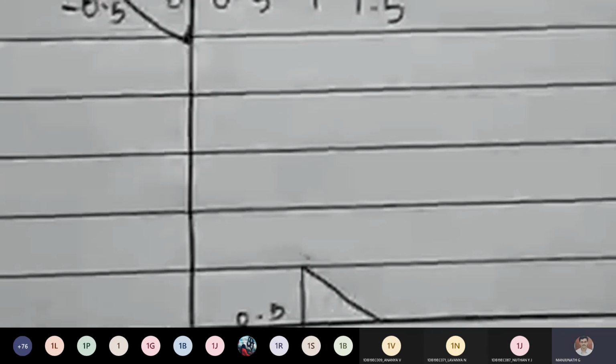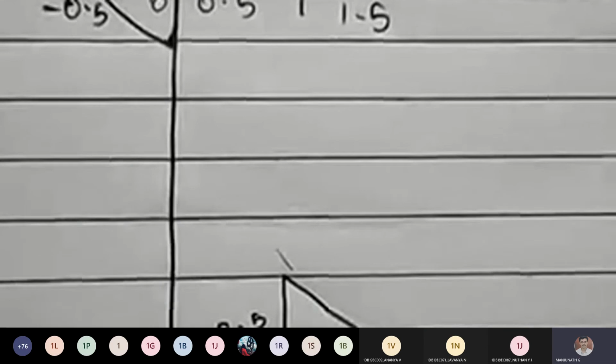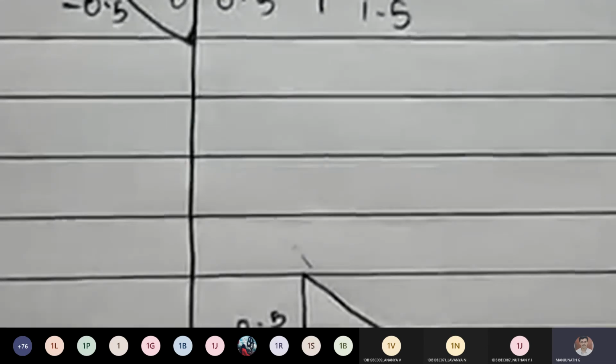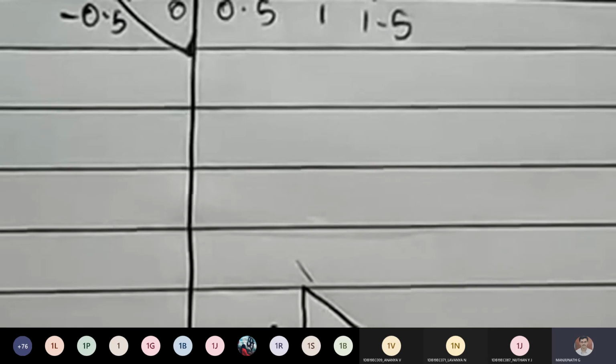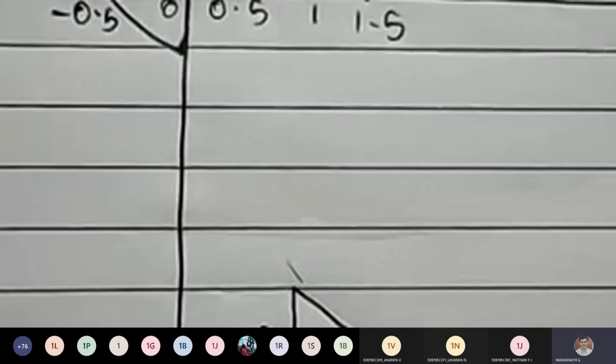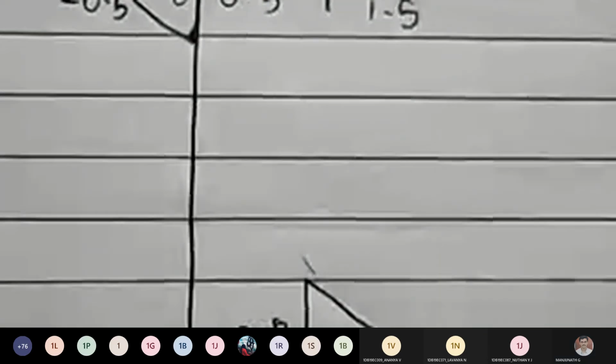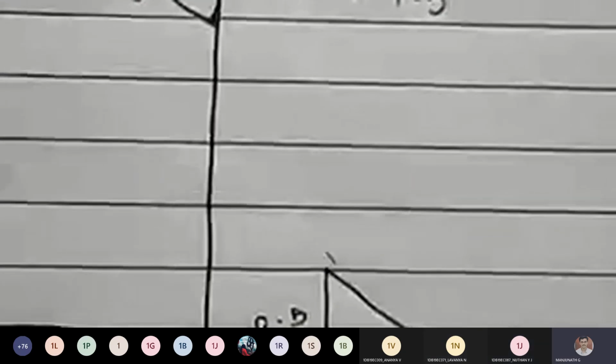So minus 1 into minus 1, you will get towards the negative side. Perfect. Everyone got the same answer? Any doubts, anyone with this?